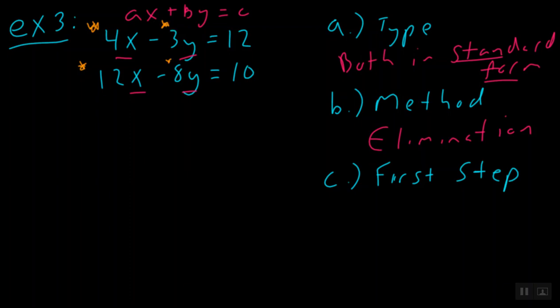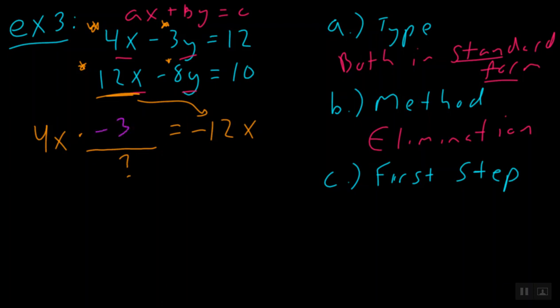Can you multiply 3 by a number to get to 8? No, not really. So we want to change 4x. We want to multiply it by some number so we can get some value that can cancel out positive 12x. Well, we want to make that 4x into a negative 12x. So what could we possibly multiply it by? And of course the answer is we're going to multiply it by negative 3.